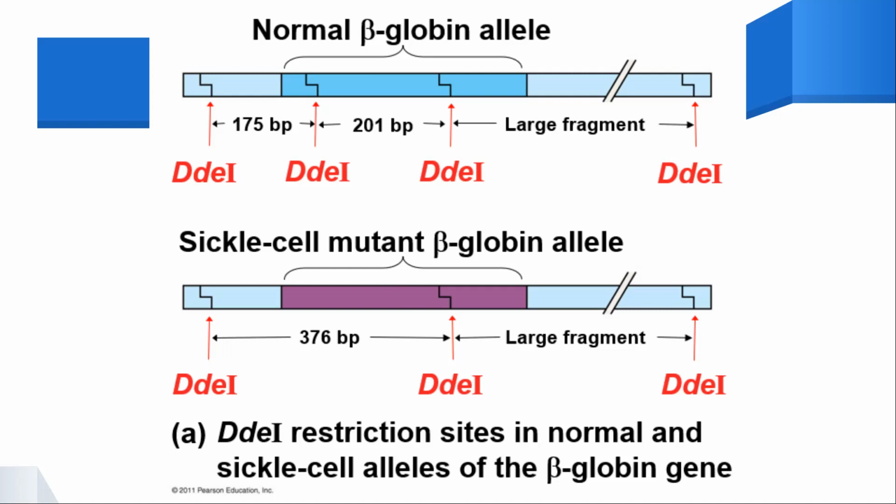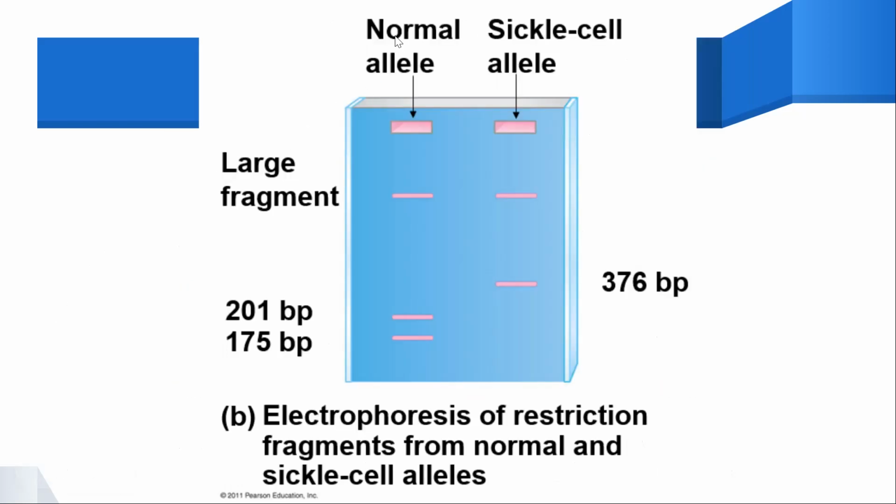If you are looking at the sickle cell mutation, what happens is the mutation is in one of those restriction sites, which means it's not going to cut it in that particular location. So you're going to get fewer pieces of DNA, and it's going to give you a different band pattern. And so here in this first column or first lane, we can see the fragments that are being produced from a normal allele.